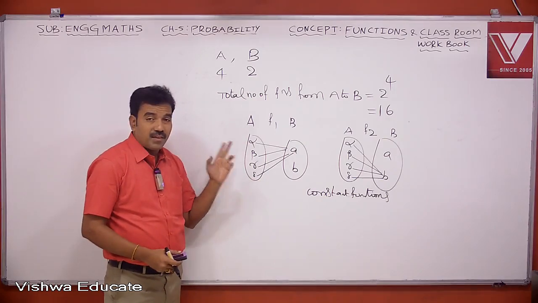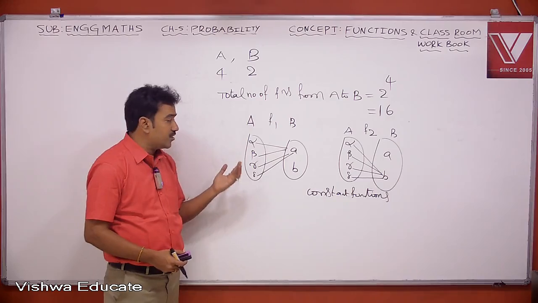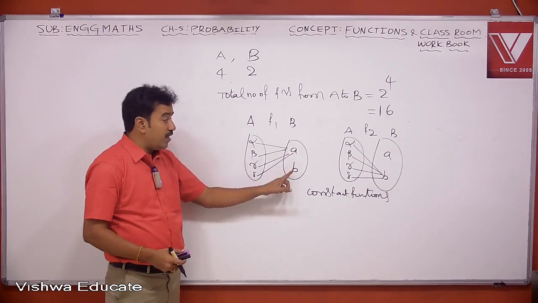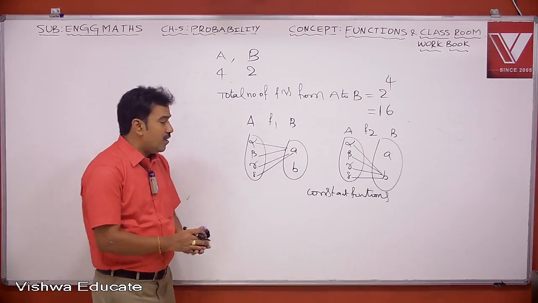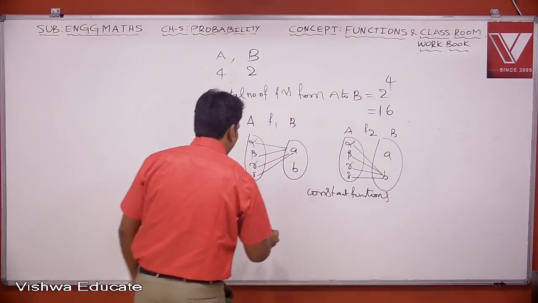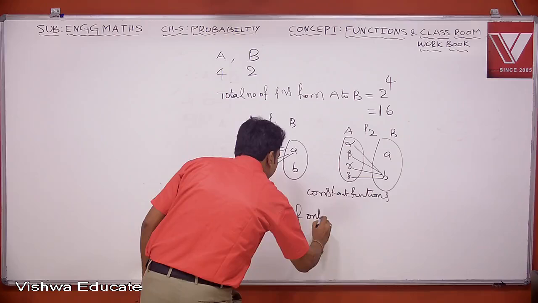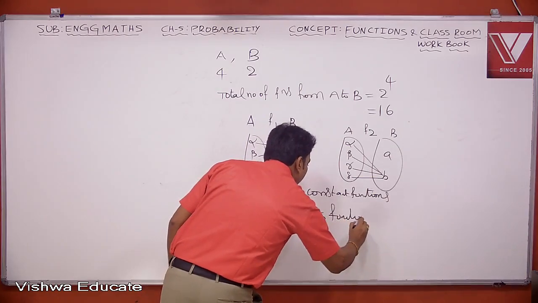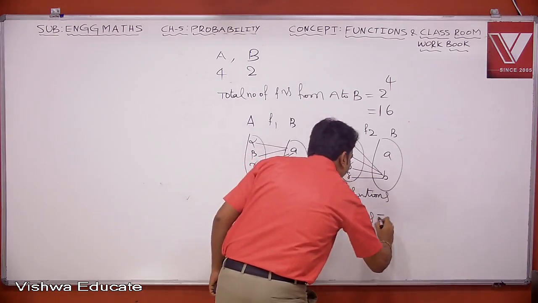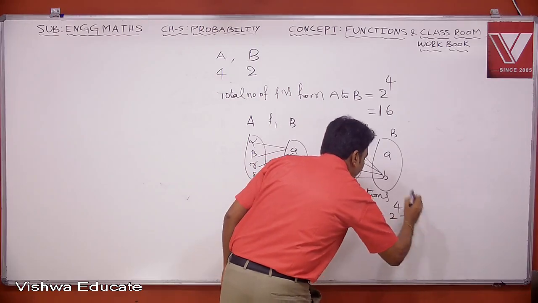Except these two, in the rest of the cases, A will have at least one premise, B will have at least one premise. Therefore, except these two, the rest of the functions are onto. Therefore, the number of onto functions is 2 power 4 minus 2.